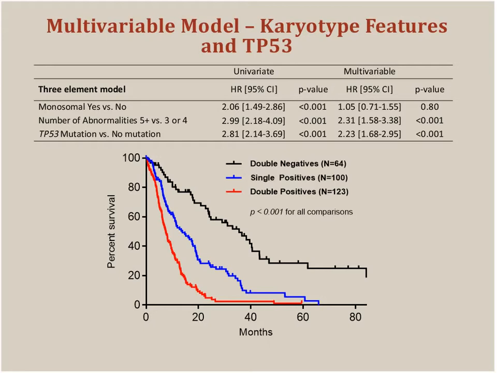The more of these abnormalities, either p53, complex with 5 or more abnormalities, or a monosomal karyotype, 2 of those 3 was associated with the poorest prognosis. Absence of those was associated with a better prognosis. So again, this is just looking at the value of p53, and here you see the median survivals for these respective curves.